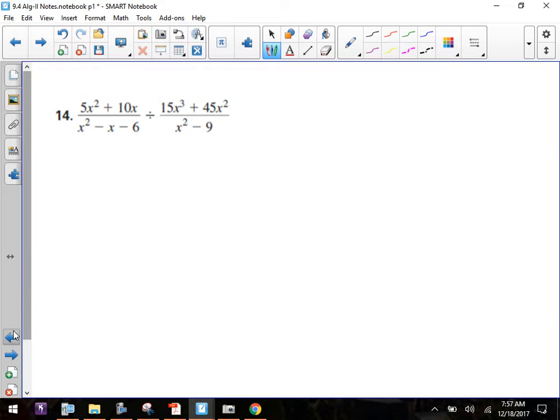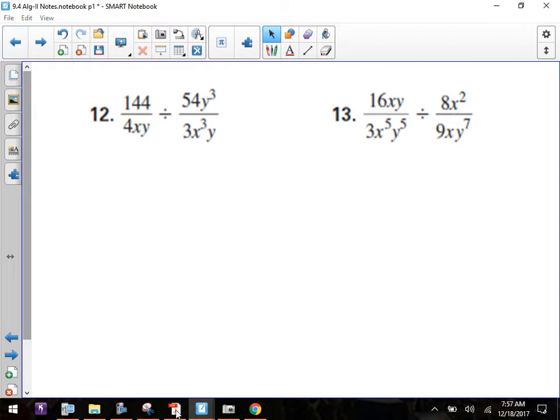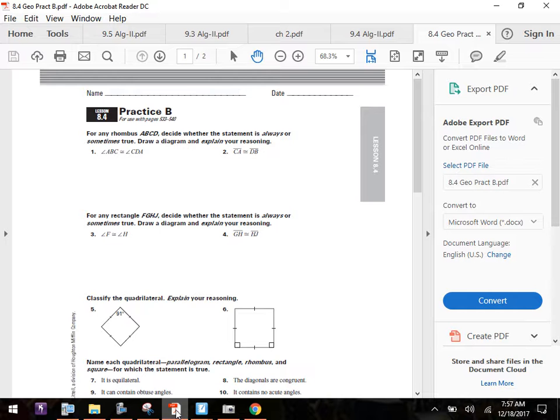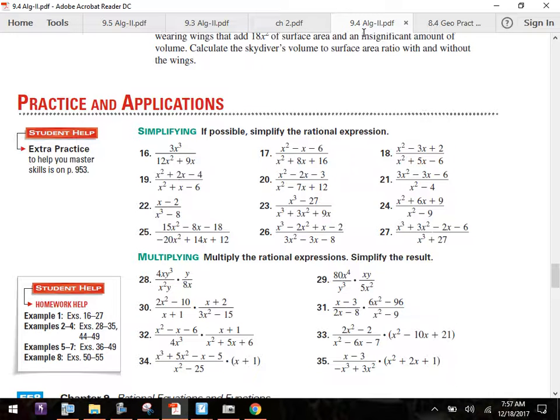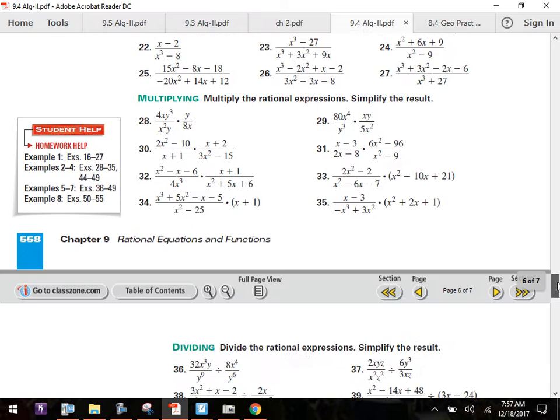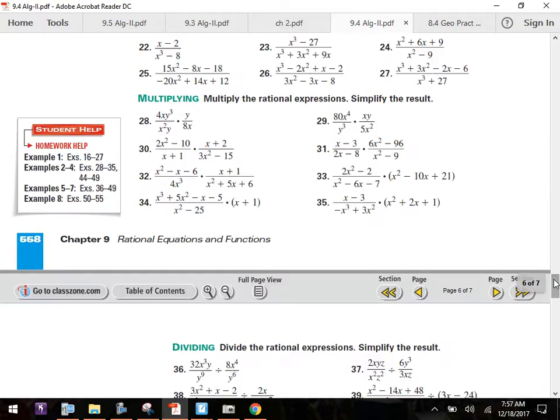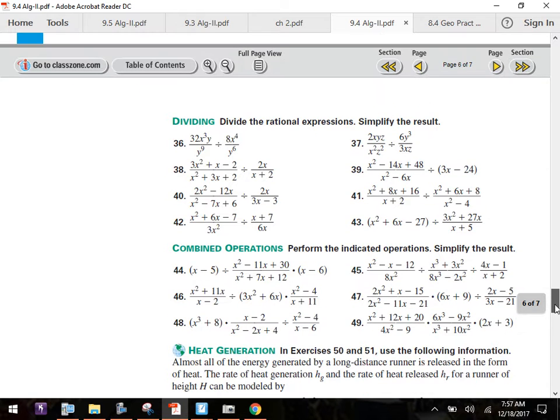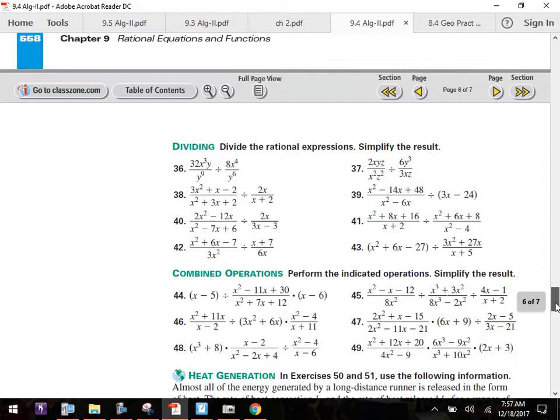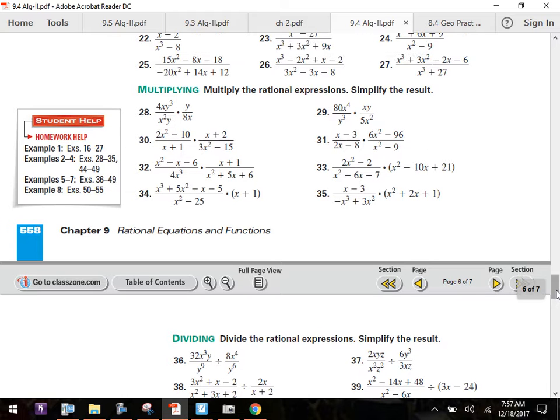I thought it was in this section. Well, kind of. Oh, it's not even in the section. Man, you guys are so lucky. Let's do this.